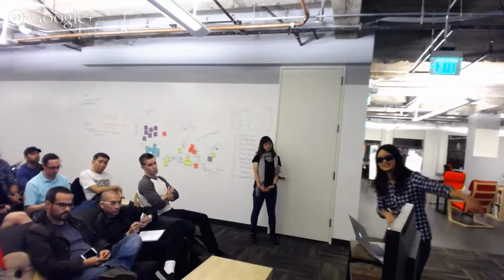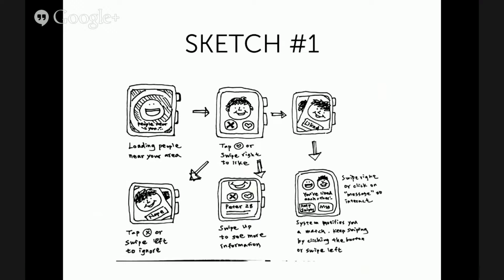And so this is one of our sketches. It's one of our initial designs. I don't know if you guys can see it clearly. On the second screen in the middle, this is the screen we imagined for Tinder on Apple Watch. You can see that we still include the heart and the X buttons on the default screen. In addition to the profile picture, there's also a heart and X button.